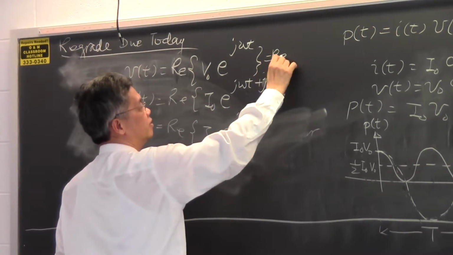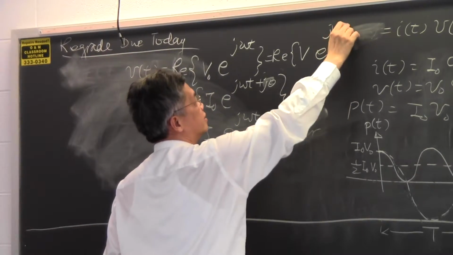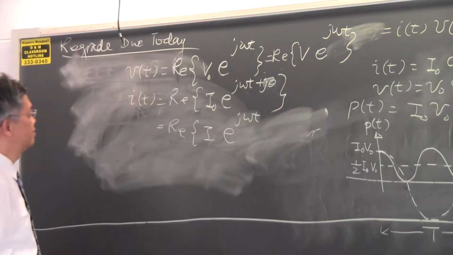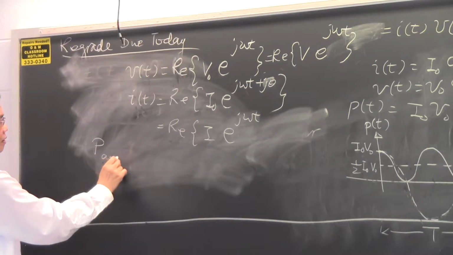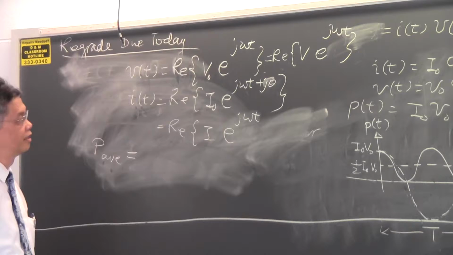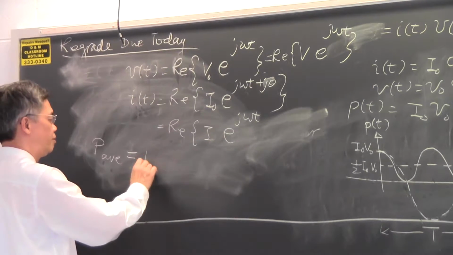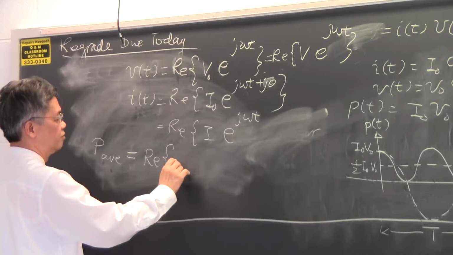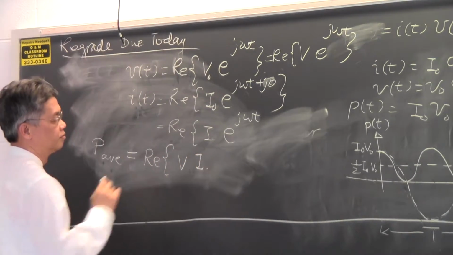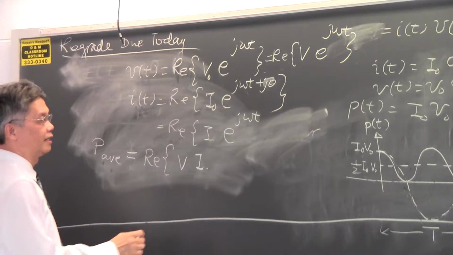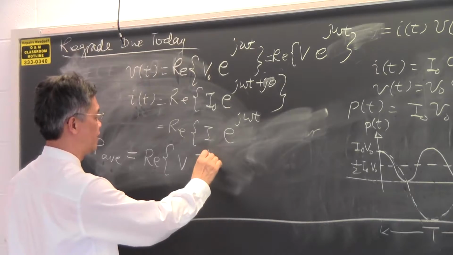If I write this with the notation V e^(jωt), then you can see that the time average power can be taken as the real part of V times I complex conjugated.